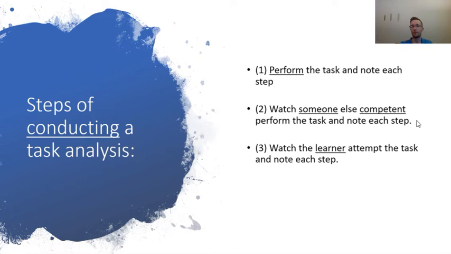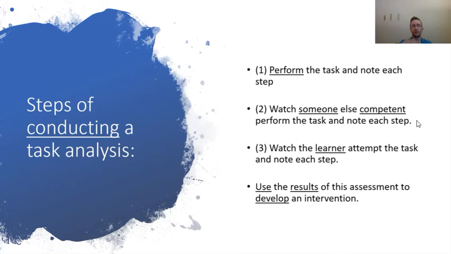Note which steps they complete. If you do repeated trials of watching the learner attempt the task, then you can note which steps they perform consistently or inconsistently or not at all. Then you put all that together and you use the results of this assessment to develop the intervention.